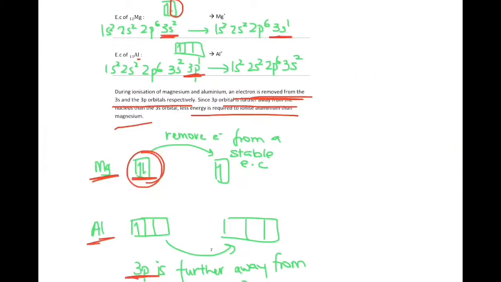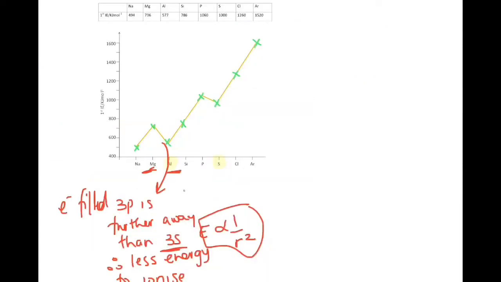So here we want to explain why there is a drop, not why this or this is higher. When you're explaining, you have to explain why group 3 and group 6 are lower. Do not explain why group 2 and group 5 are higher, because the trend is actually going up. Ionization energy is increasing, but these two situations are the exceptions.